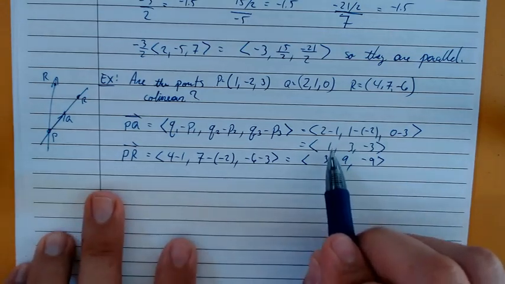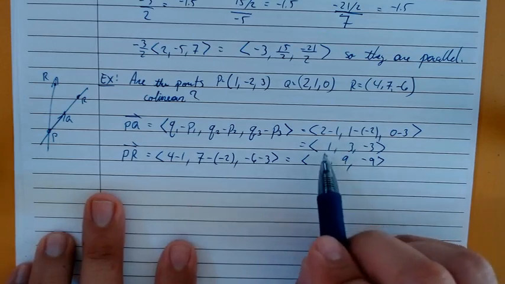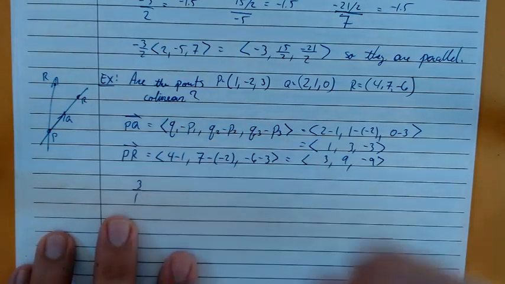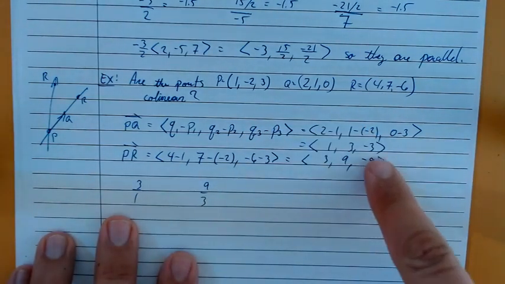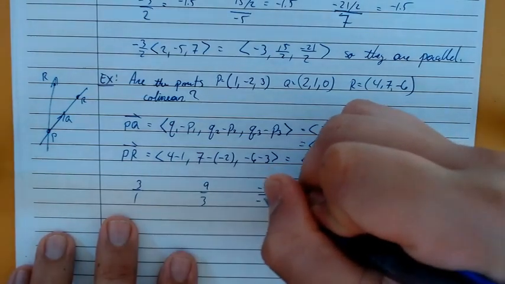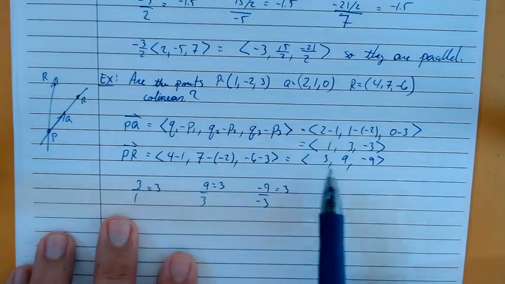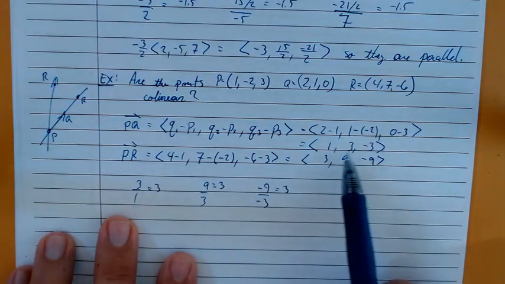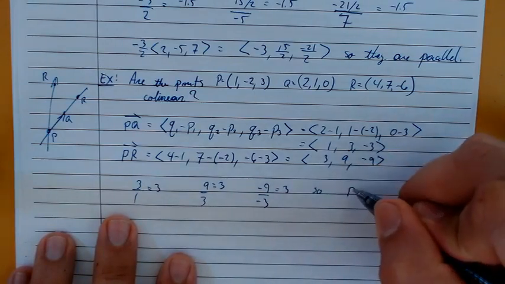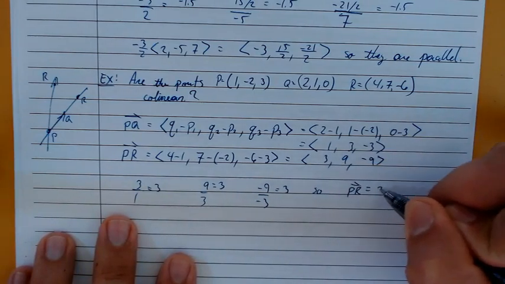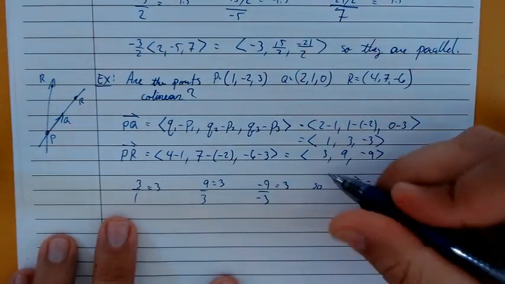Here I'm just going to take the components of PR, divide them by the components of PQ. 3 over 1, 9 over 3, and negative 9 over negative 3. All of those are going to give me 3. So that means that PR is simply 3 times PQ. So PR is equal to 3 times PQ. So by definition, that means they're parallel.